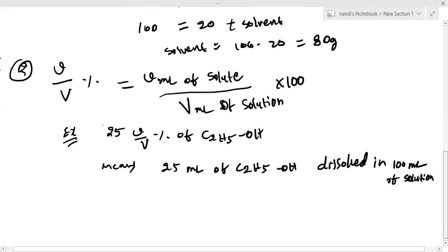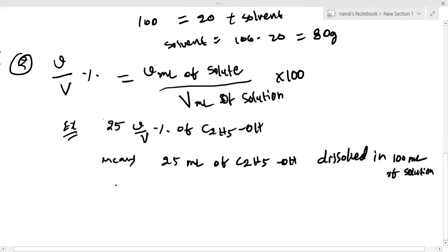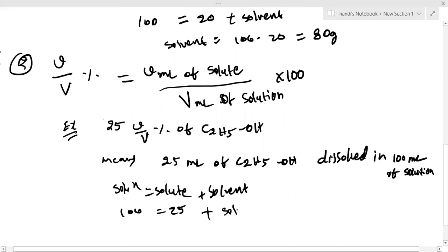So you can find out the solvent volume here. The solution equals 100, and this is 25, so you can find out the solvent volume. How much solvent? 75 ml.